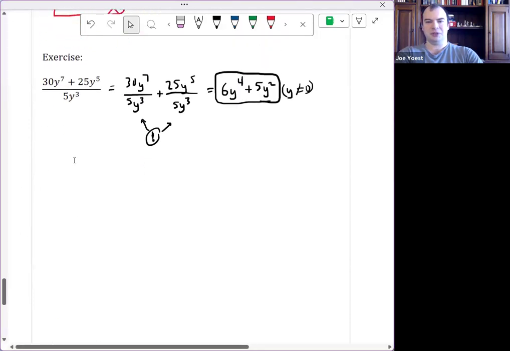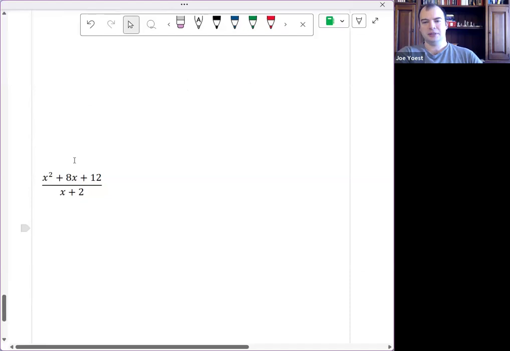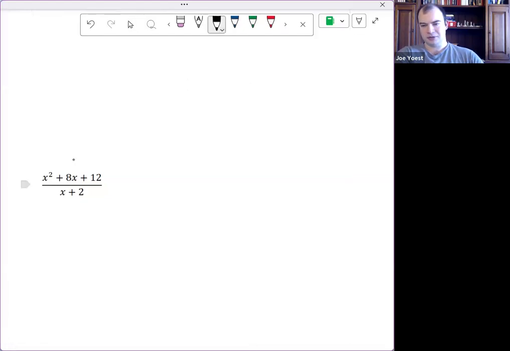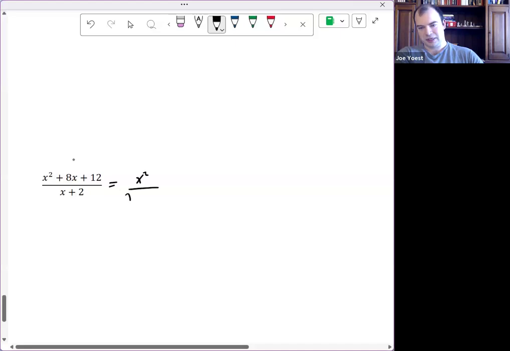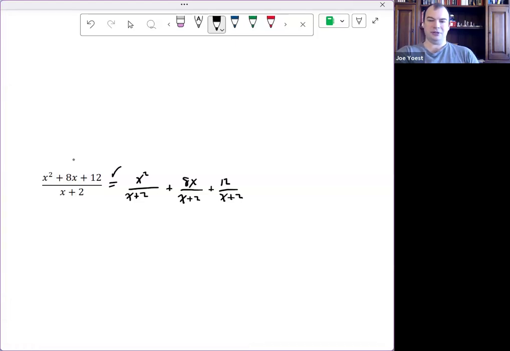I can just take the same approach as up here. And I can validly do this first step. I can write this as x squared over x plus 2 plus 8x over x plus 2 plus 12 over x plus 2. That's a perfectly valid step to do. I'm allowed to do that.